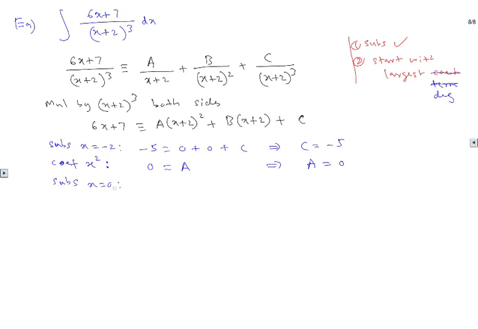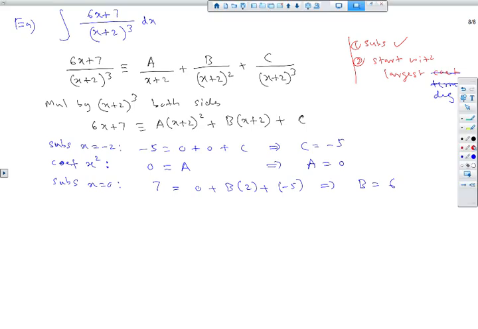With x equals 0, you get 7 equals, a equals 0 so you don't get anything from that term, and for b, plugging in x equals 0, you get 2b, and this is minus 5. So b equals 6. So we found a, b, and c.